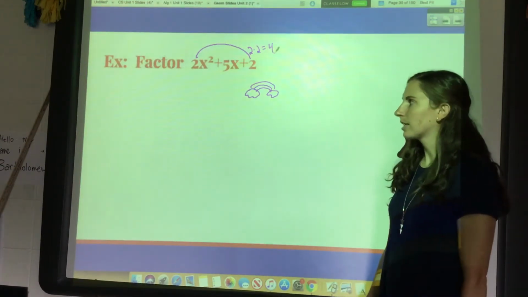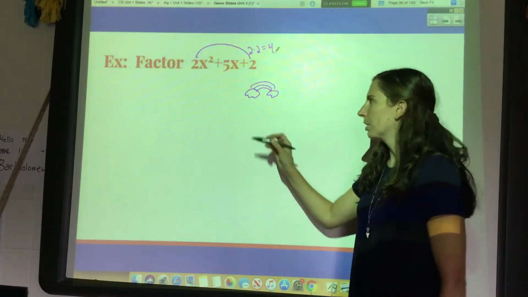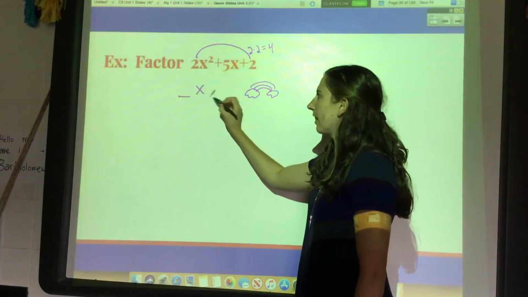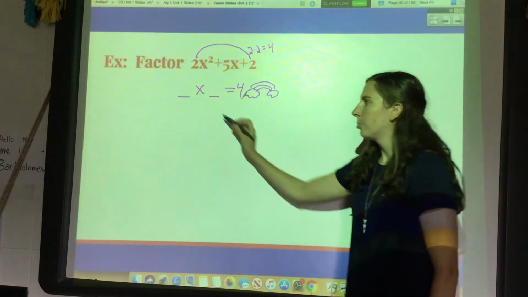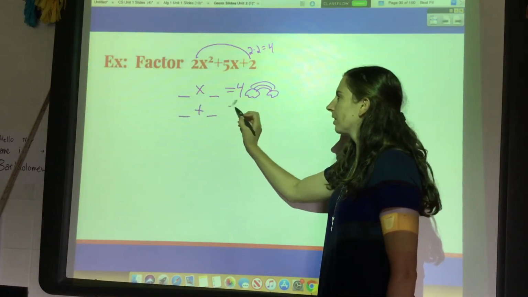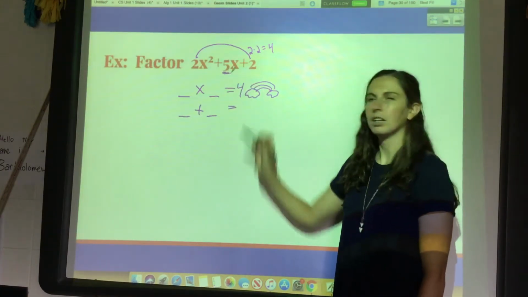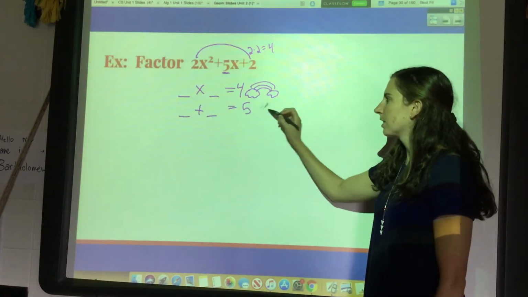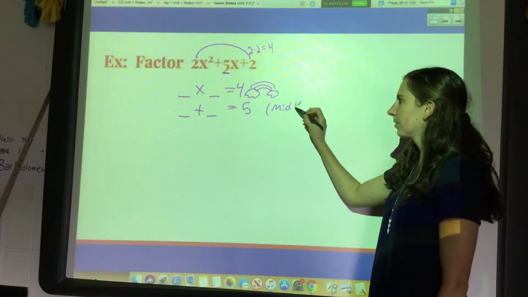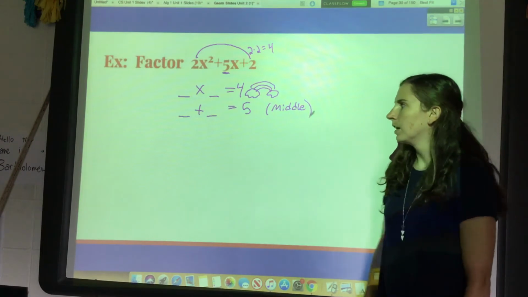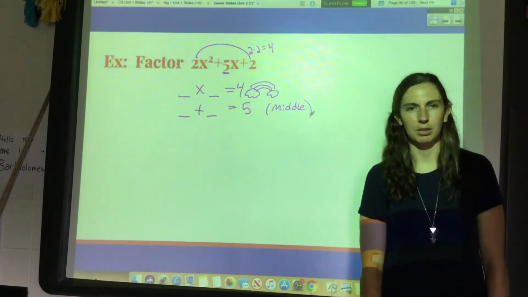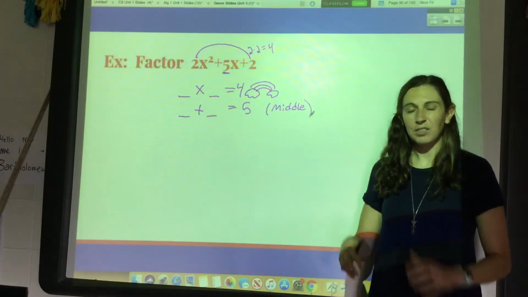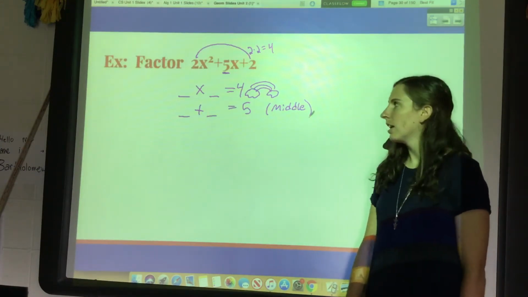What I want to do is come up with 2 numbers that multiply together to give me 4, that rainbow number, but add together to give me this middle number, 5. So multiply to give me the rainbow, add to give me that middle number. You're just going to have to think through some different options.